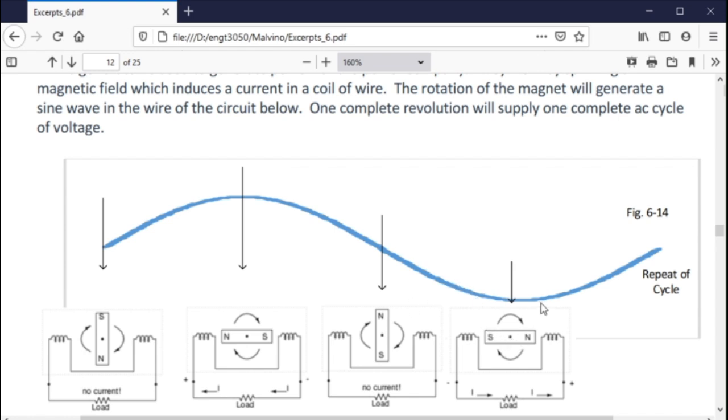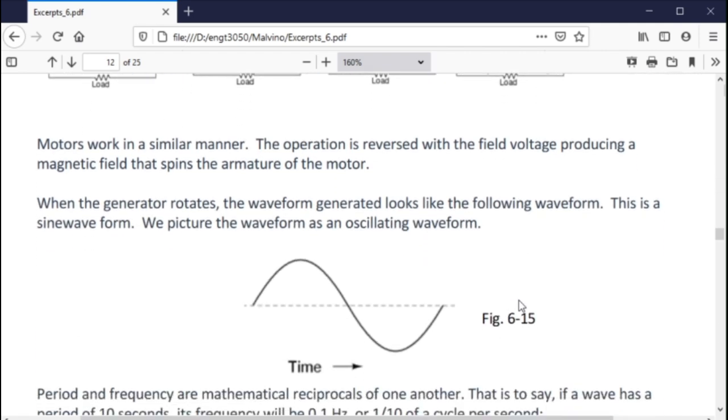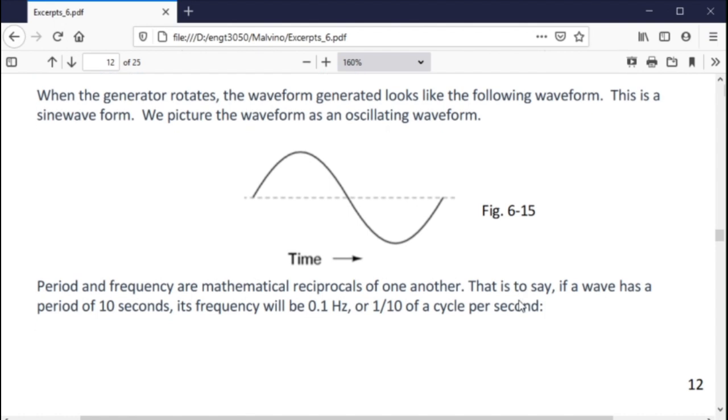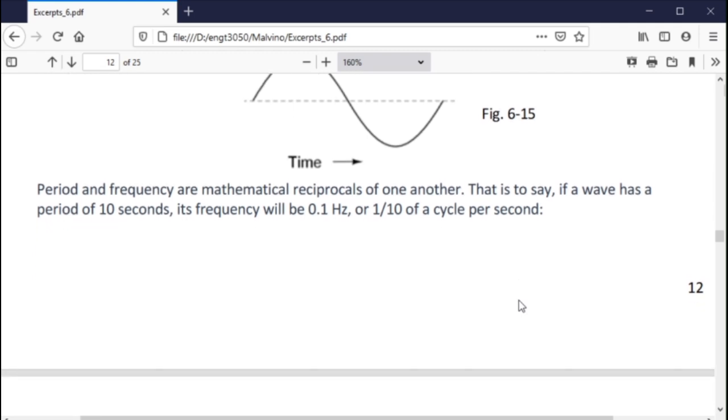And then when you go negative, it goes further negative. So it's got a zero point, a peak, another zero point, and a negative peak. The generator and the motor work the same way, and they basically complement each other. One does the generating of the power, one does the generating of the electricity.